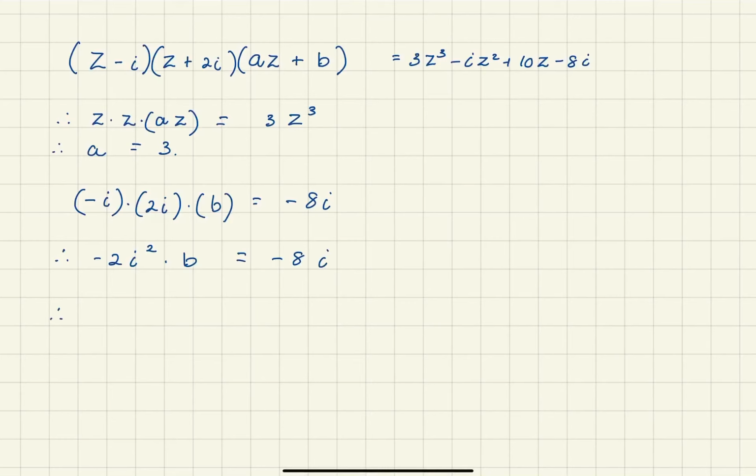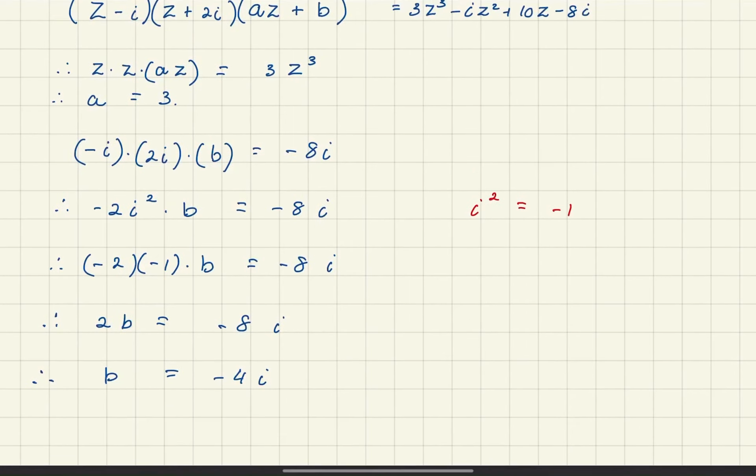Therefore, what is i squared? This is what we wrote earlier. i squared equals negative 1. Therefore, negative 2 times negative 1 times b equals negative 8i. Therefore, this is 2b equals negative 8i. Final step here, b equals negative 4i. I just simplified by dividing both sides by 2.